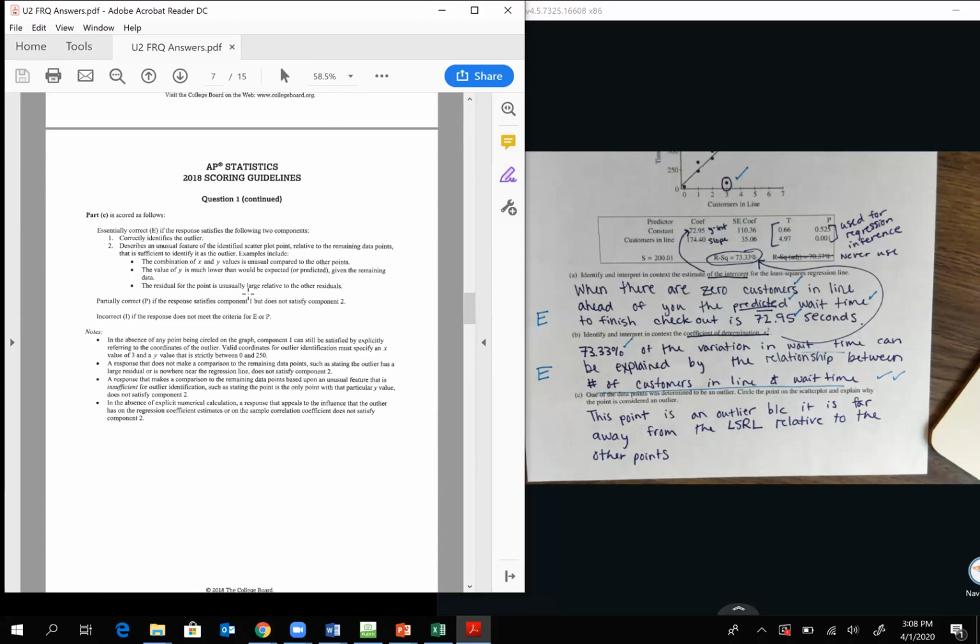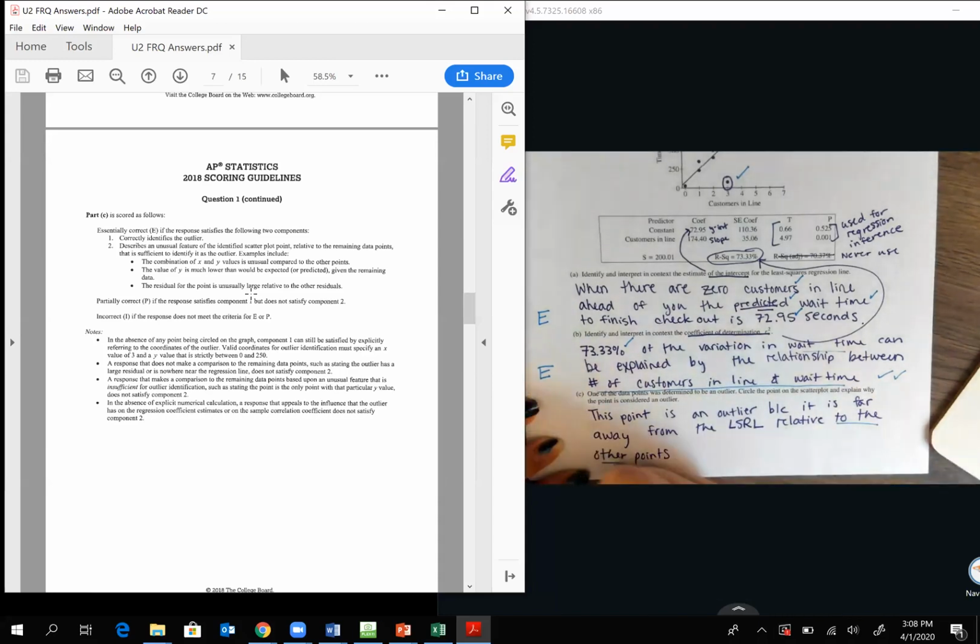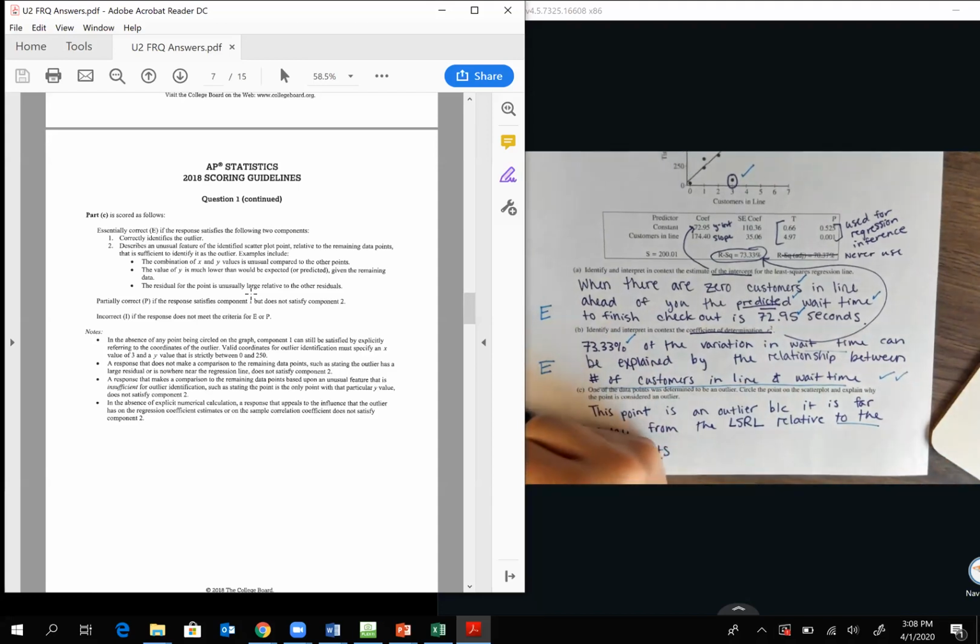Make sure you compared it to the other points. So it's a large residual relative to the other points, or it's far away from the LSRL relative to the other points, because far is a very broad term. They could all be far from the LSRL depending on what you think of as being far. So I need to make sure I compare it to the other points, which I did, so essentially correct.